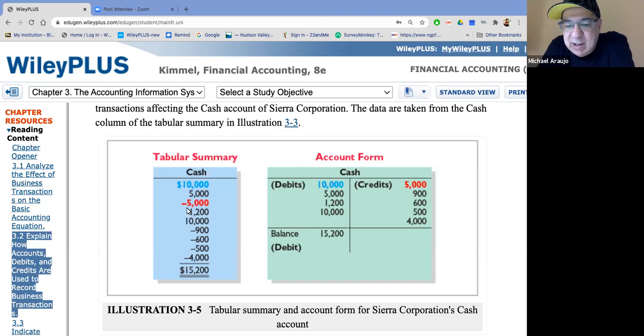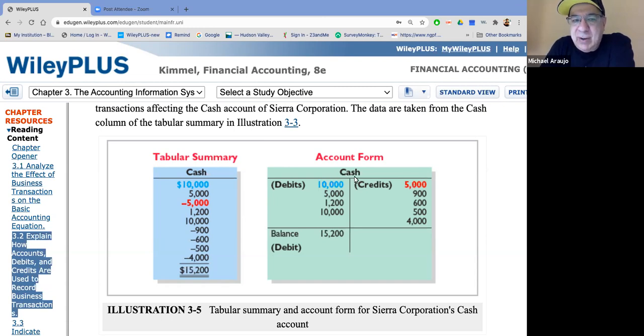So when we actually need to use cash to buy something, we say goodbye to that cash. In accounting, we use the credit side of the account. The credit side of the account shows less cash. So when we use this $5,000 of cash to buy the equipment, the proper way we view it is a credit to cash for $5,000, because the credit side, the right side of the cash account, shows less money.